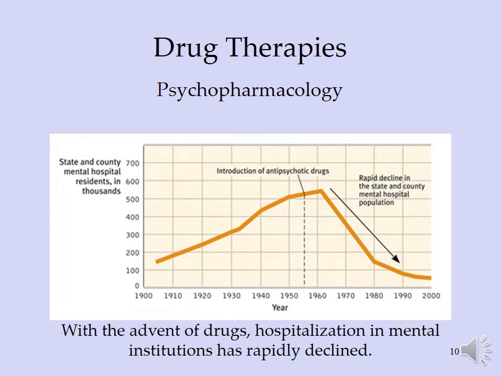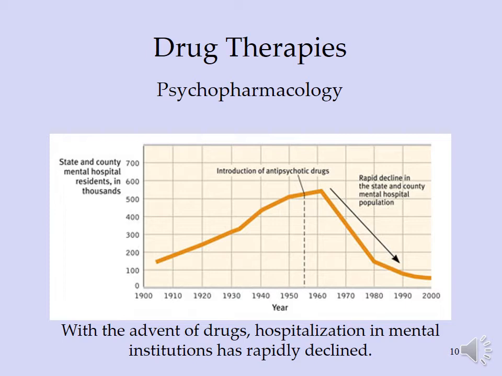And as you can see on this chart, those antipsychotic drugs were able to relieve the most severe symptoms of psychiatric disorders like schizophrenia and so forth, to the extent that many people improved to the point where they could be released from mental hospitals.